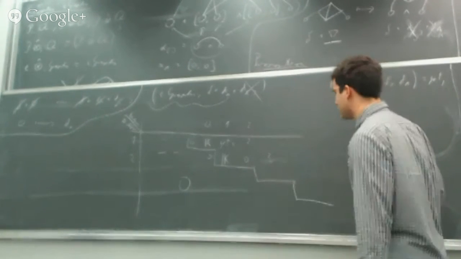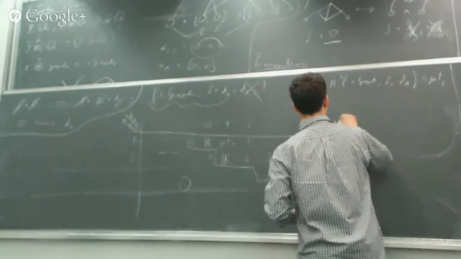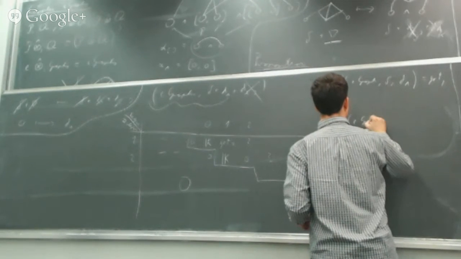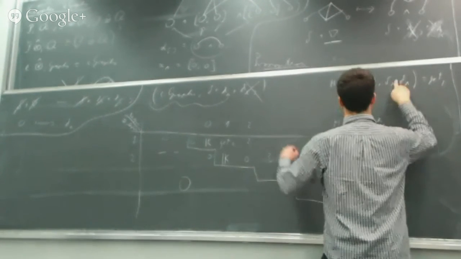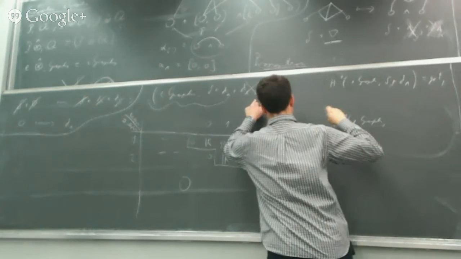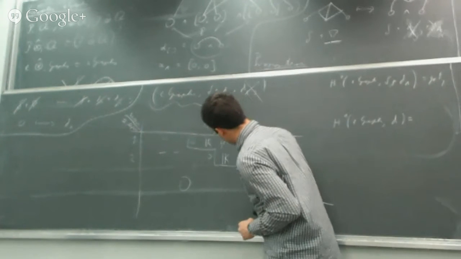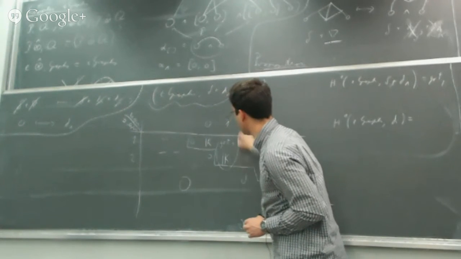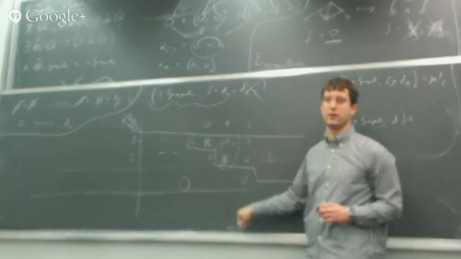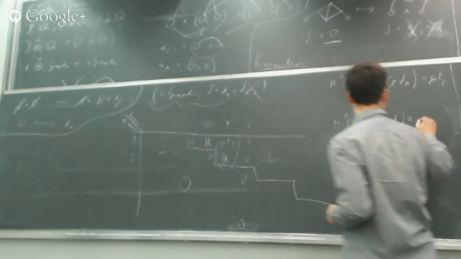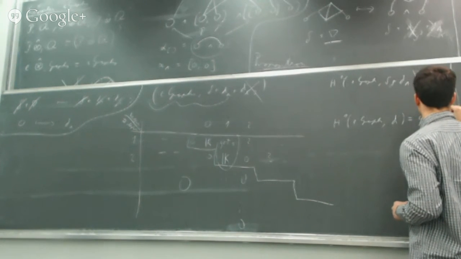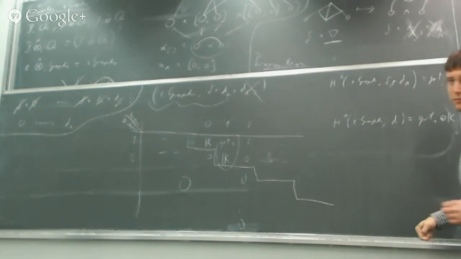Okay, 2 more minutes. Therefore, H1 of E graphs with the whole differential is, since here they are all zeros, these two things cannot be killed on any further page. So this is GRT1 plus k.